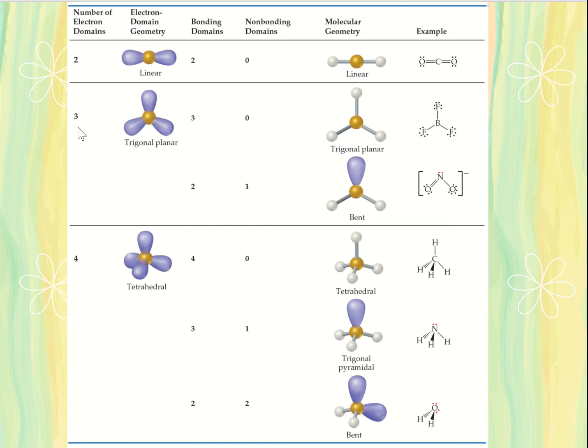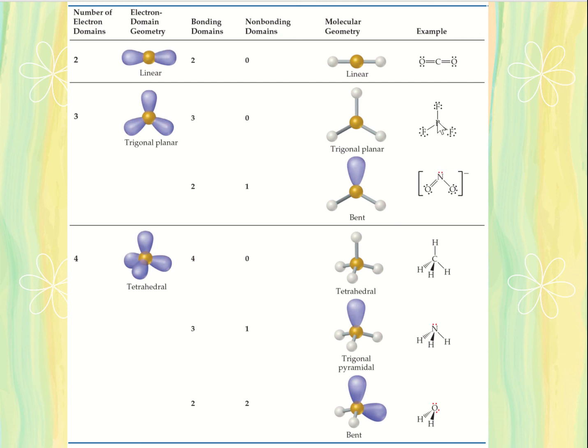So when we have 3 electron domains, having drawn our Lewis structure, we would identify the number of electron domains. If it's 3, then for our electron domain geometry, it's trigonal planar. However, if you have no non-bonding domains, it's the same thing, right? If you have 1 non-bonding domain and 2 bonding domains, then we have a bent structure as we see here.